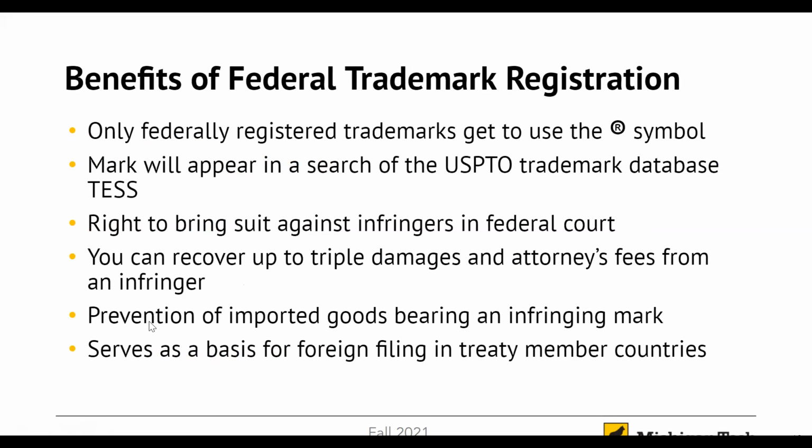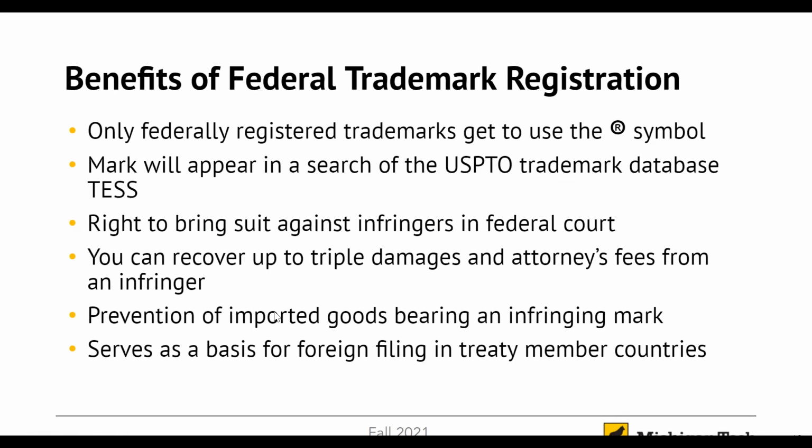Okay, so benefits of federal trademark registration. Why would you want federal over state? So you get to use that R symbol, right? Only folks that register their trademark with the federal government use the R. And your mark is going to appear in the TESS database, which we'll be searching in a little bit, which is great because then it's known, you're telling the public, this is my mark, and there's no question about it.